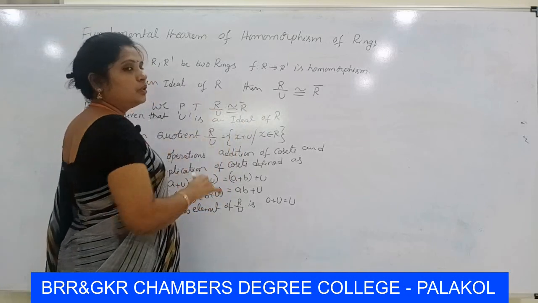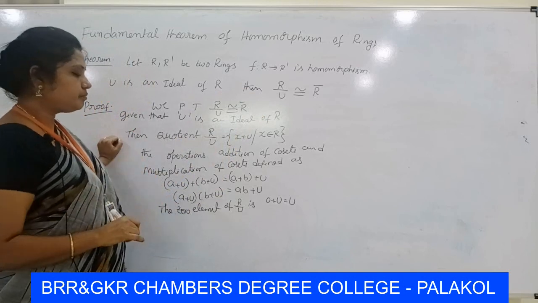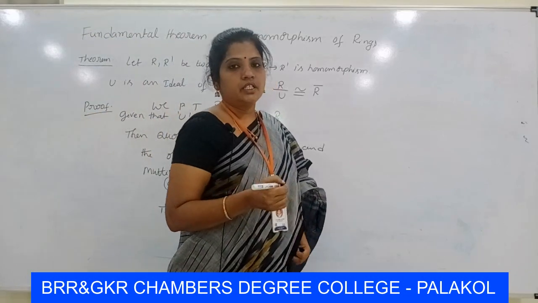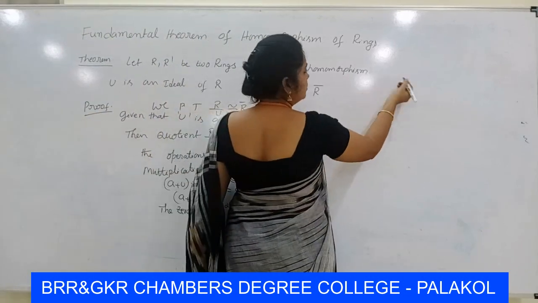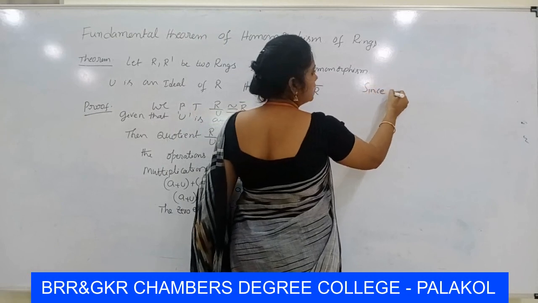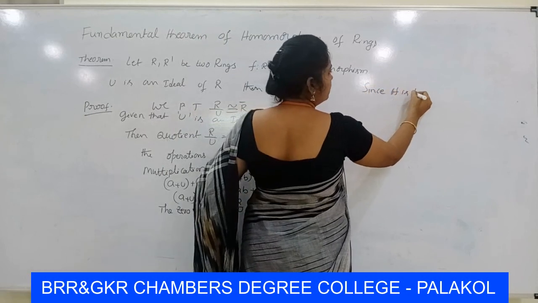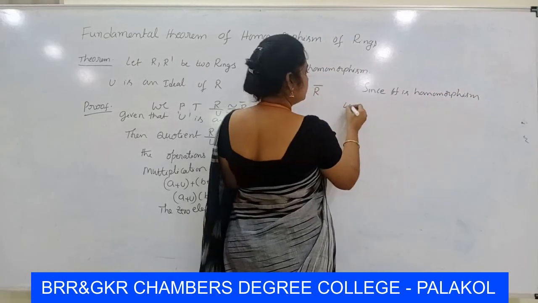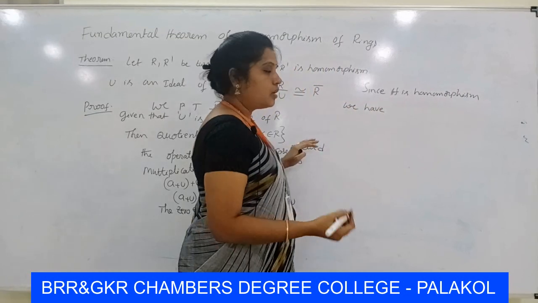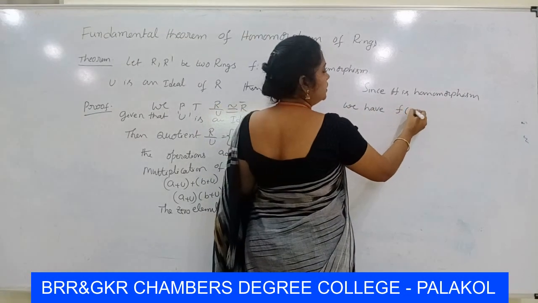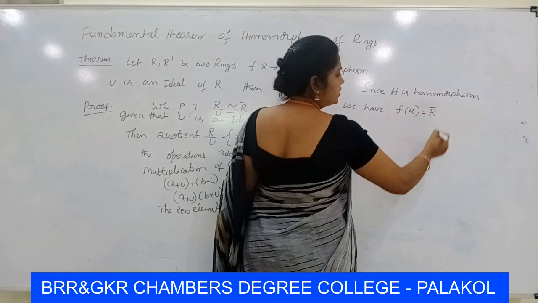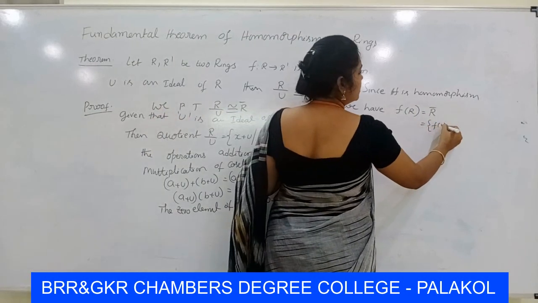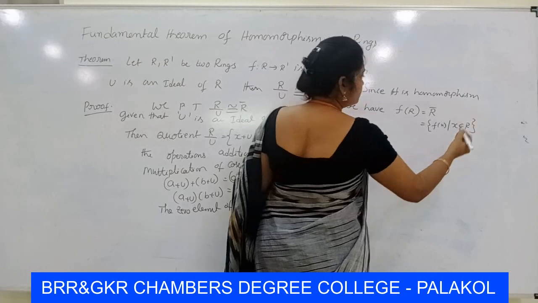Here R bar is the homomorphic image of the ring R. So f is a homomorphism from R to R dash, then its homomorphic image set f of R is equal to R bar, which contains elements f of x such that x belongs to R.